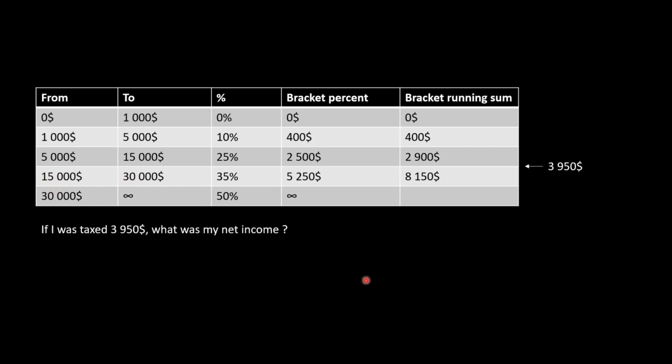Good. And now we need to do some computation to find the net income, and for that we need to know where in that bracket that we found we will land. And for that we need to know how far we are in that bracket as a tax.